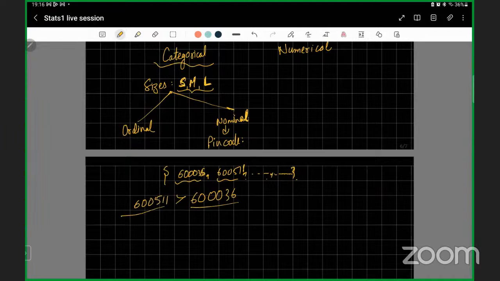But if you say that this is a pin code, then it goes from a numerical variable to a categorical variable. These are no longer numerical variables, and it falls under the nominal scale of measurement because you are just assigning some value to an object.